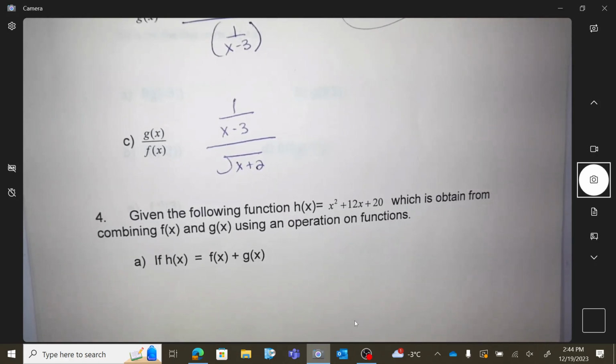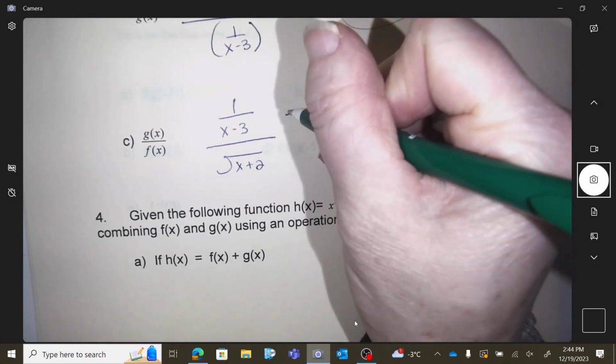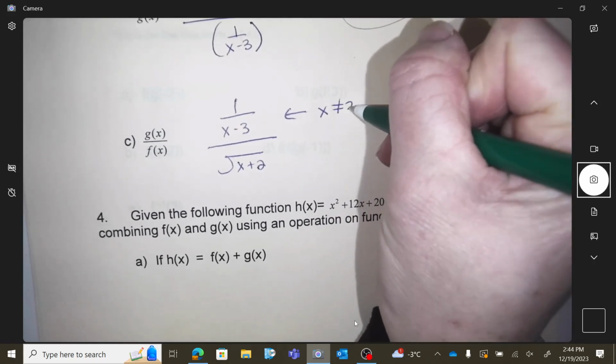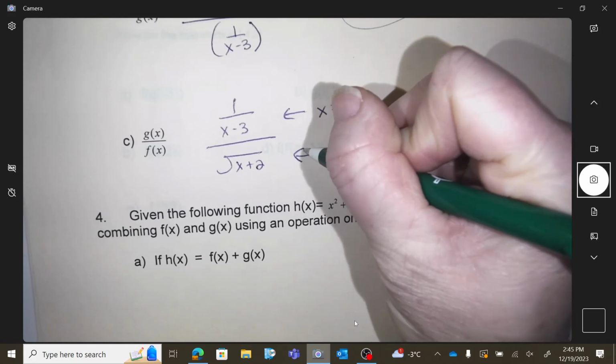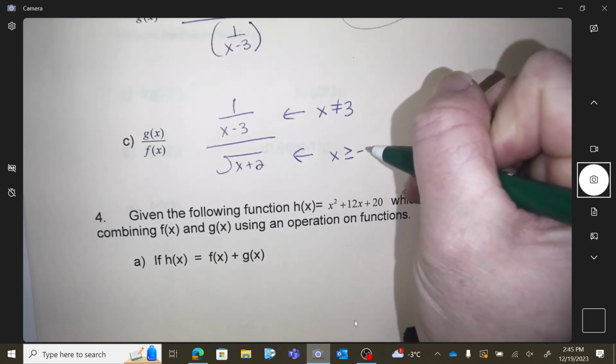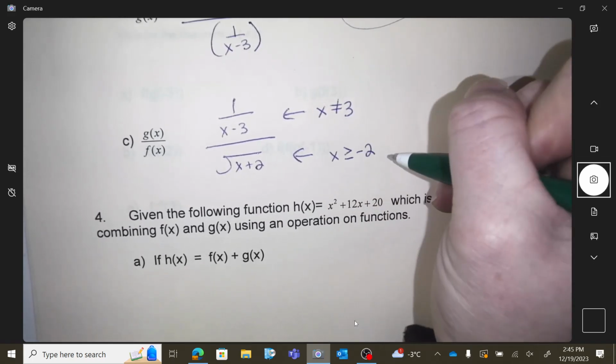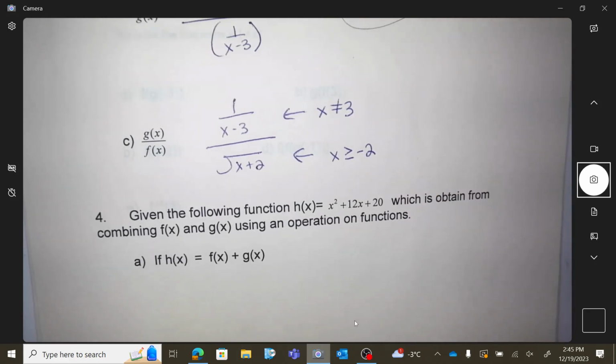Okay, we are restricted with the radical again. We are restricted with the radical part, but now there's a new restriction in here yet.